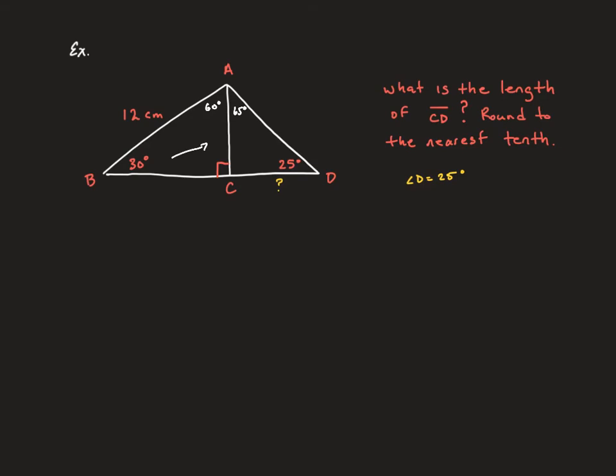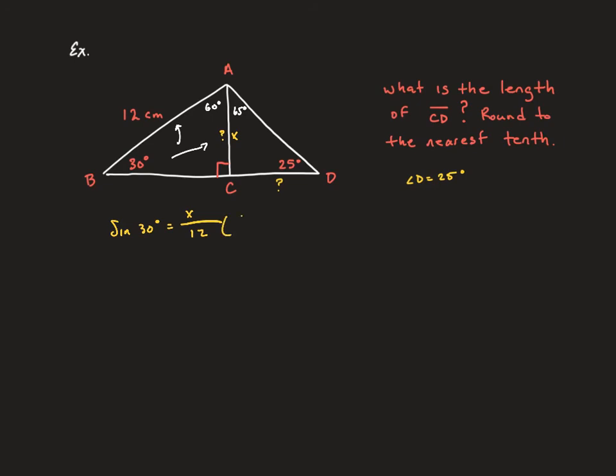That is the opposite to my 30 degrees. Because they've given me the hypotenuse. So if I say that the sine of 30 degrees is going to be some value, right? Opposite, so we'll just call that maybe x, over the hypotenuse, which is 12.